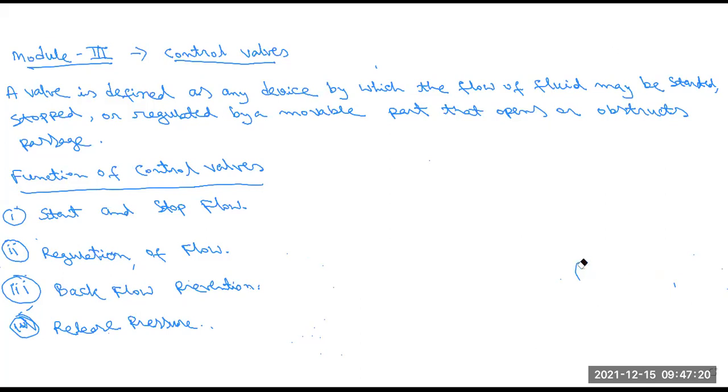Using this release pressure method, we control the flow or different types of flow measurement systems. This is clear to all of you. These are basically the four main functions of the control valve method. Is it clear?